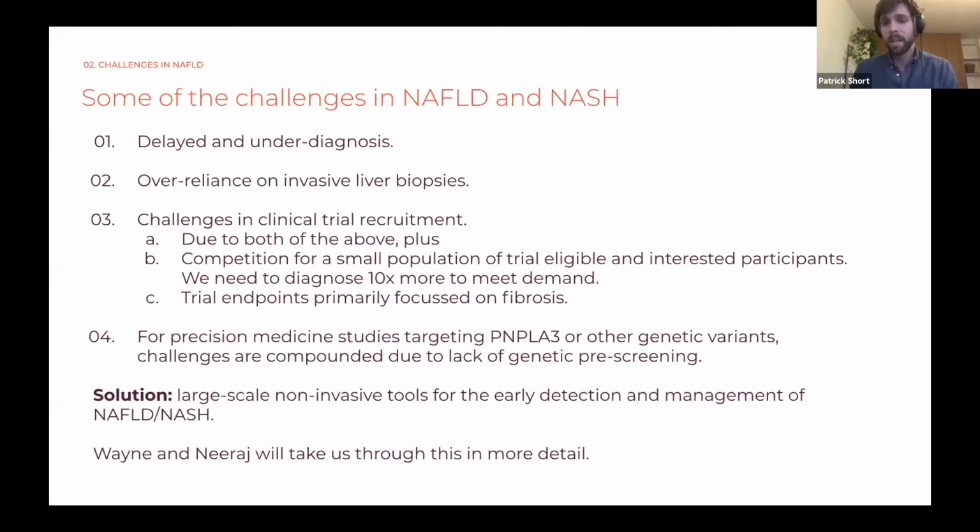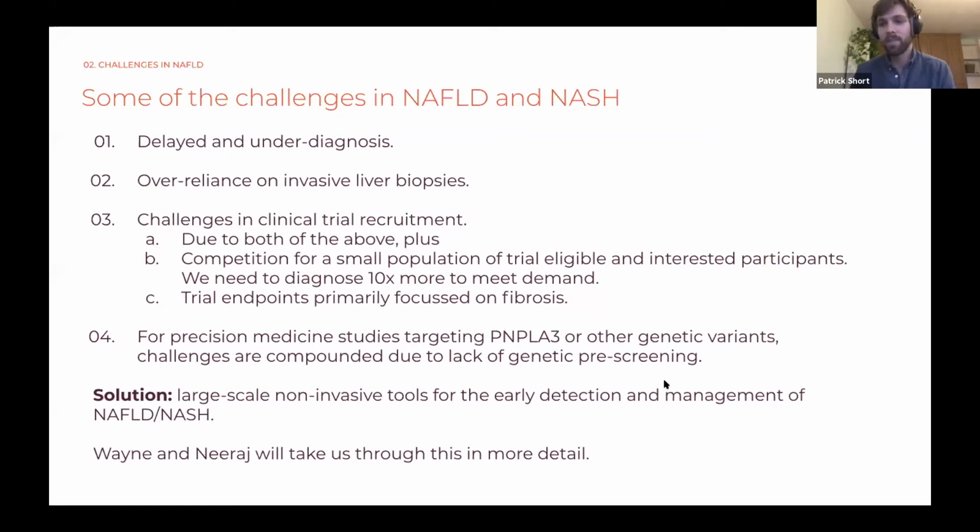So it means that all of the issues above when it comes to trial recruitment and R&D are compounded further by the fact that there's a subset of patients with a genetic factor that are not generally screened in the healthcare system.